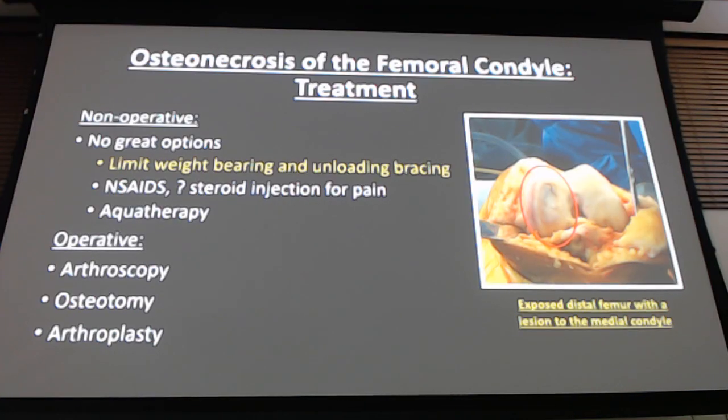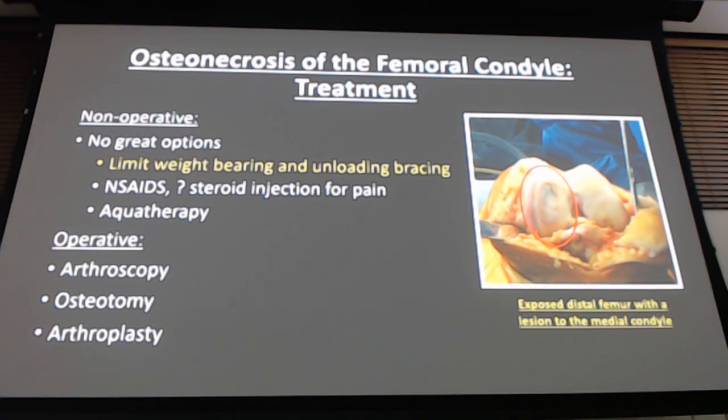NSAIDs. Yeah, sure, you're going to use NSAIDs judiciously, right? These are 60-year-olds. Do 60-year-olds have medication lists that look like shopping lists sometimes? Yes. So just make sure you assess for all their comorbidities. Steroid injections for pain. Let's talk about this real quick. It says for pain, right? Is a steroid going to cure this?